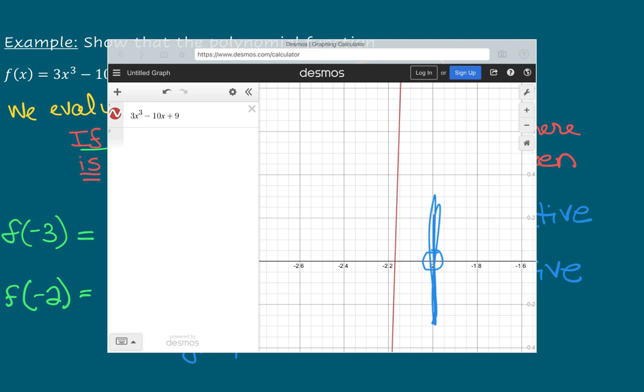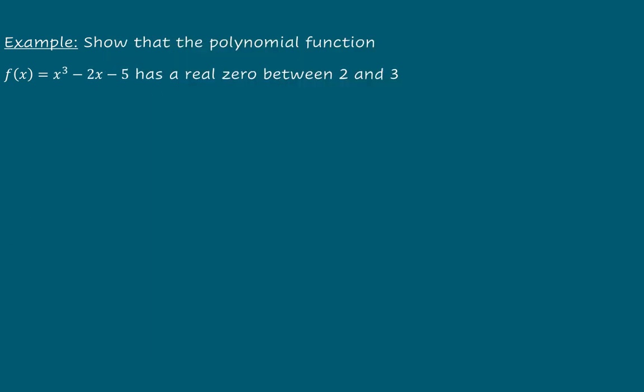So let's work one more example. Let's show that the polynomial function f of x equals x cubed minus 2x minus 5 has a real zero between 2 and 3. So we're going to evaluate this function at 2 and 3 and see if there's a sign change.